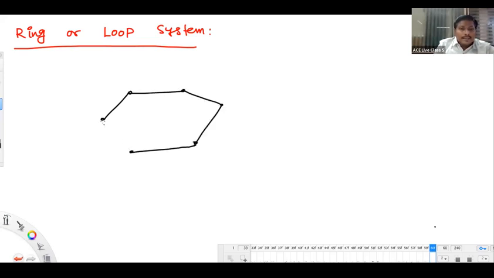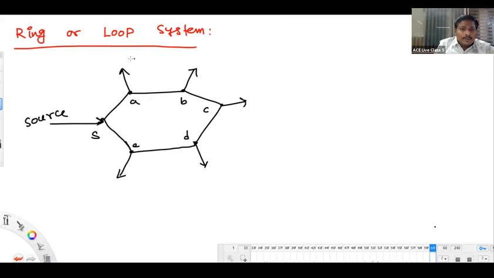These are the source locations, and these are the loads A, B, C, D, E. The currents you can call I1, I2, I3, I4, I5.